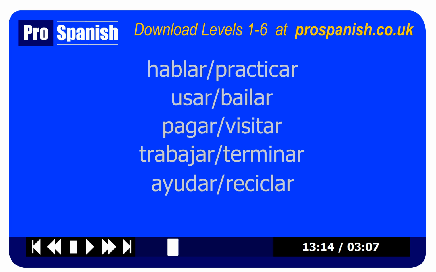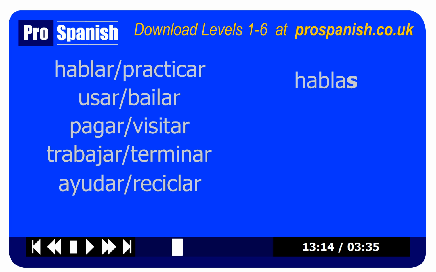If we want to change to speak into you speak, or the question do you speak, which is the same in Spanish, it's fairly straightforward. All we do is we take off the R and add an S. So instead of hablar, it's hablas.